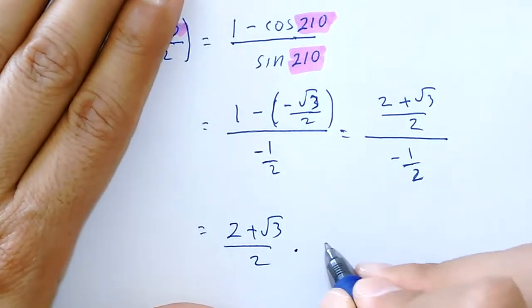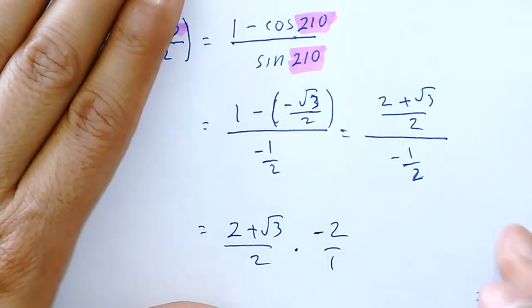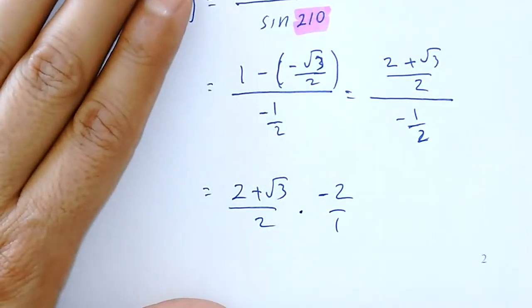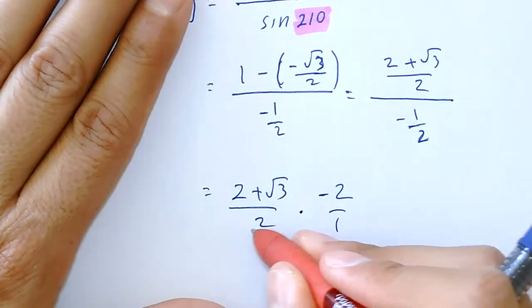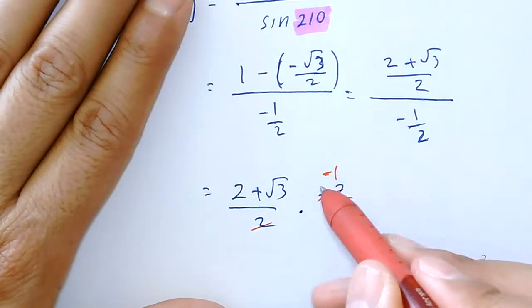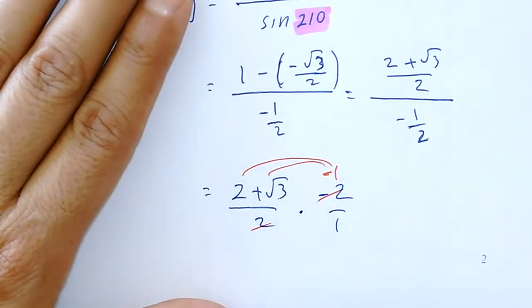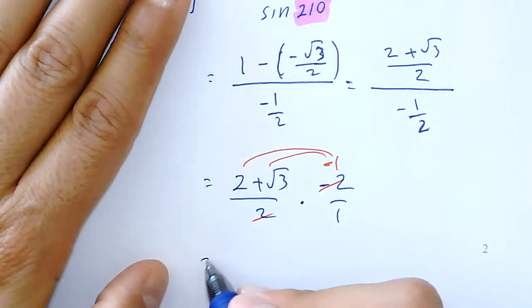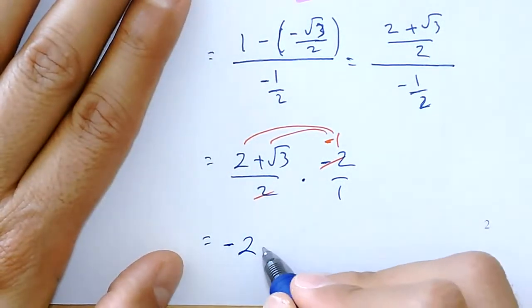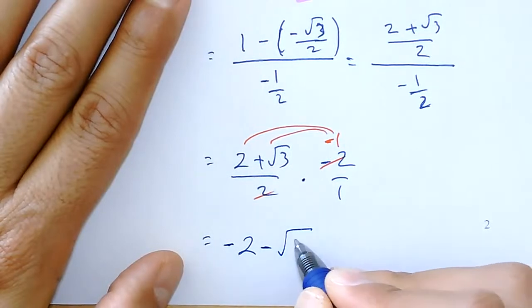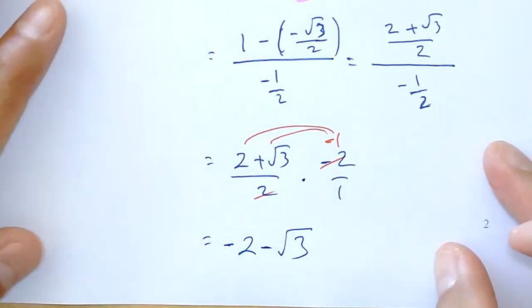The reciprocal of negative 1/2 is negative 2 over 1. And when you multiply by the reciprocal, I can reduce the 2 and the negative 2. And when I do that, I will have a negative 1. And that negative 1 I'm going to multiply to that, which will then give me negative 2 minus root 3. And that's my answer.